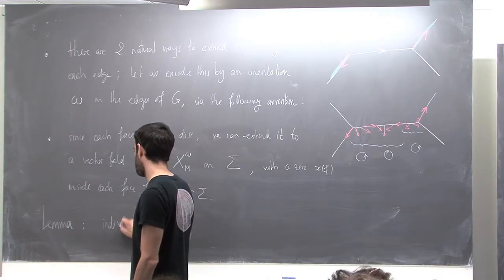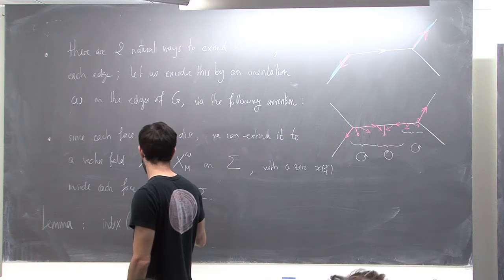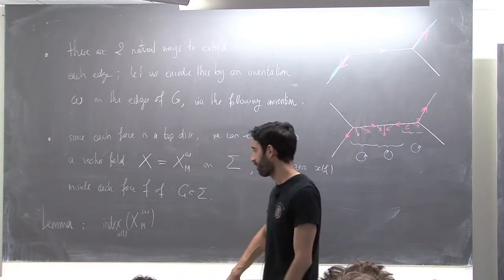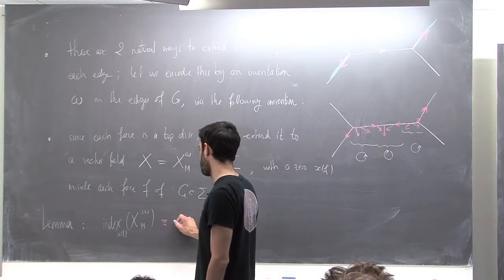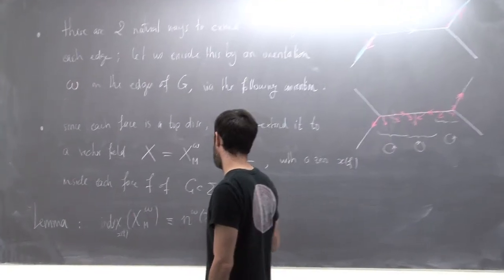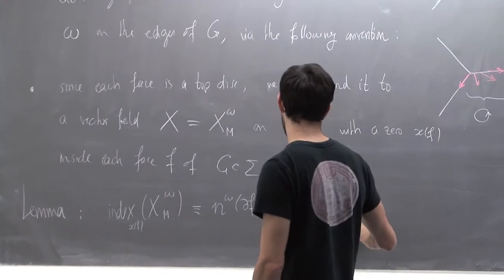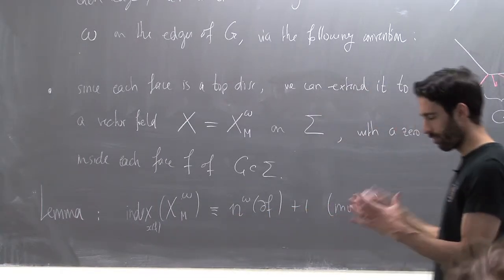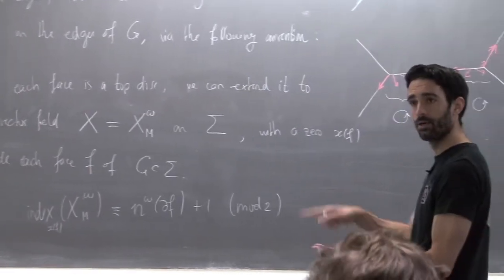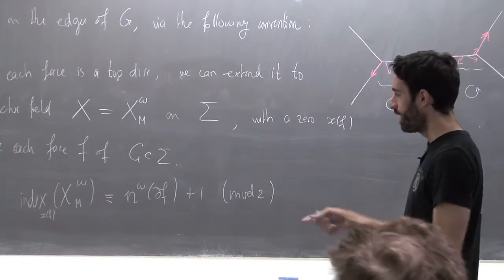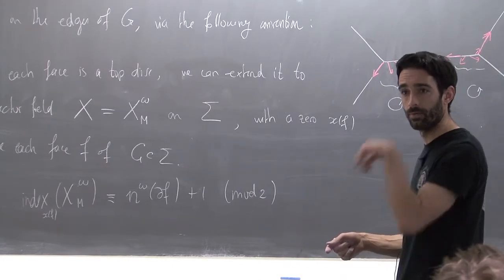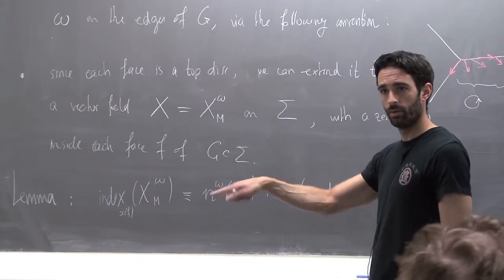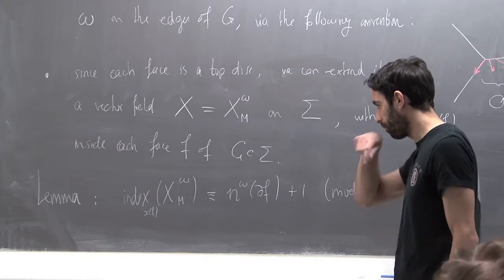The index of x omega m at the face f has the same parity as n omega boundary of f plus 1, where you remember n omega of boundary of f is, so you have your face, it's oriented, so you can go around the face and you count the number of times that omega does not correspond to the orientation of boundary of f.